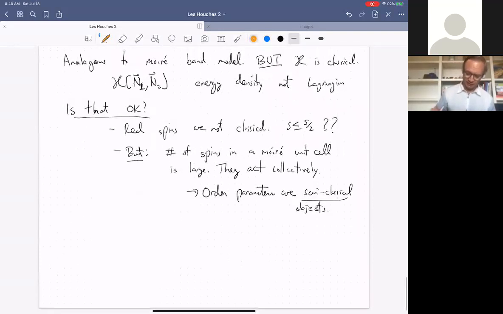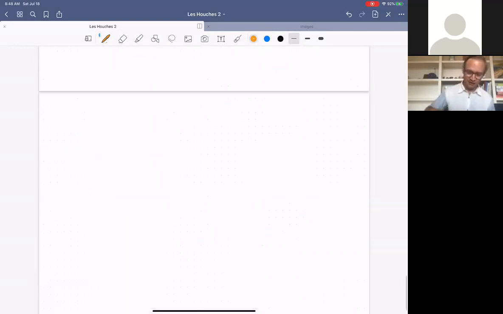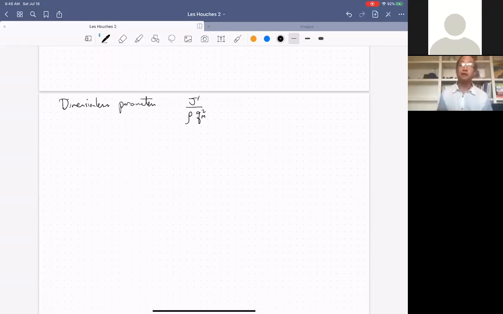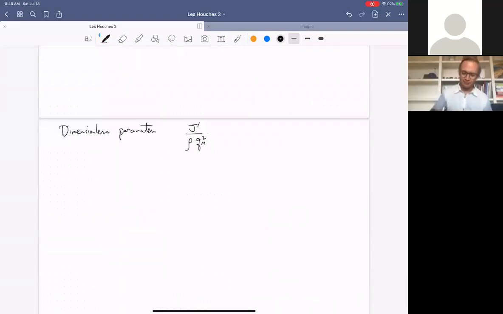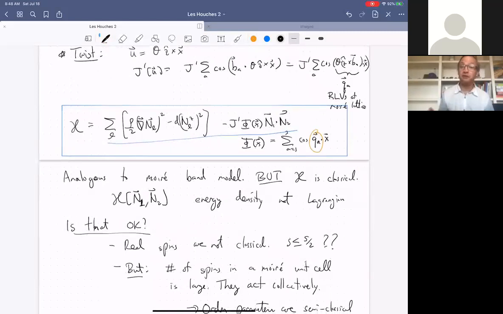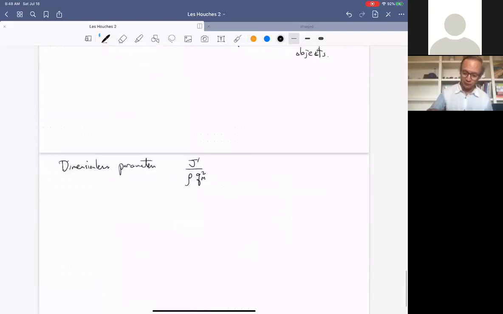So if we start to identify dimensionless parameters, those dimensionless parameters are J prime divided by rho times q Moire squared. That's kind of easy to see because the gradient is an inverse length scale. It scales like a wave vector, so this term scales like rho q squared.